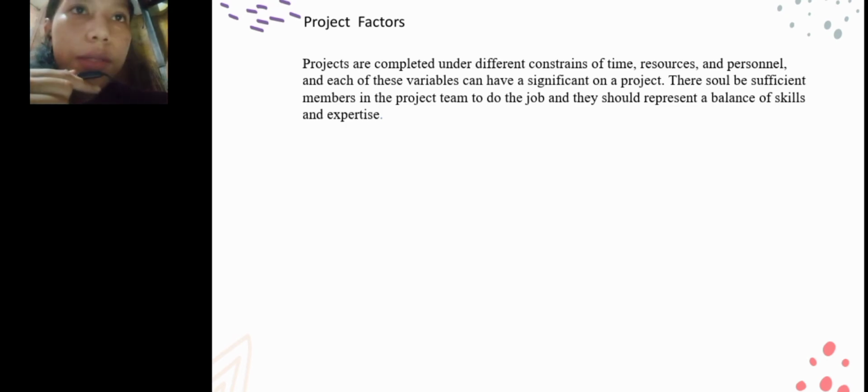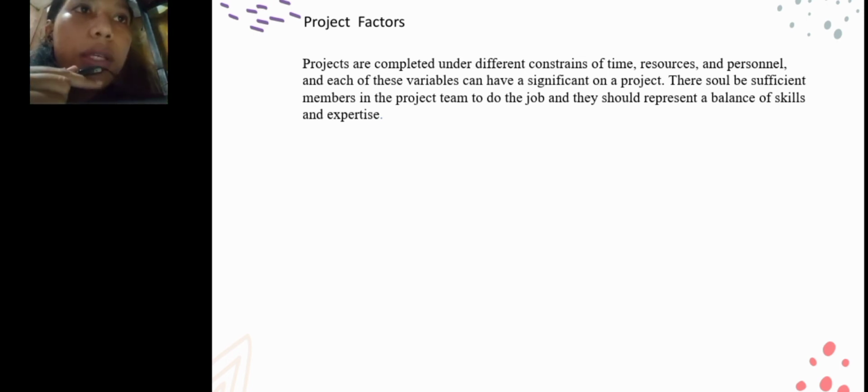Project factors. Projects are completed under different constraints of time, resources, and personnel, and each of these variables can have a significance on a project.